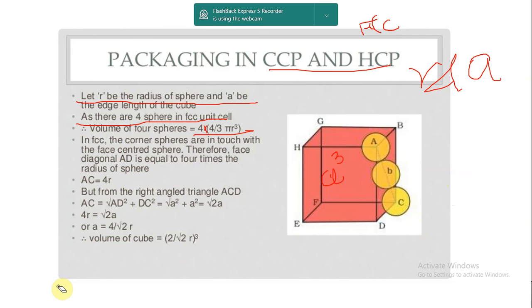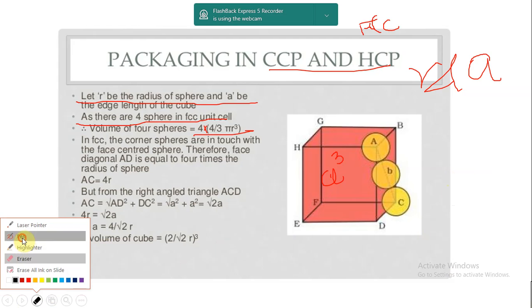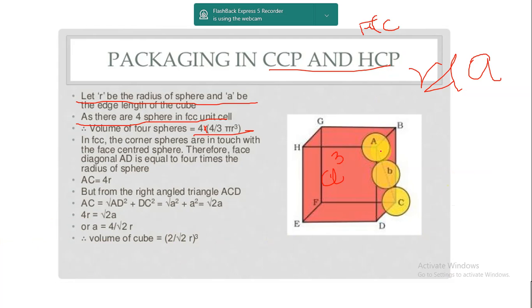Since they are in touch with each other, we will see how the radius is appearing. You see, this is one radius, this is another radius, and this is 2R, the total diameter, and this is again 1 radius. You see 1, 2, 3, 4. So 4R equals this diagonal.